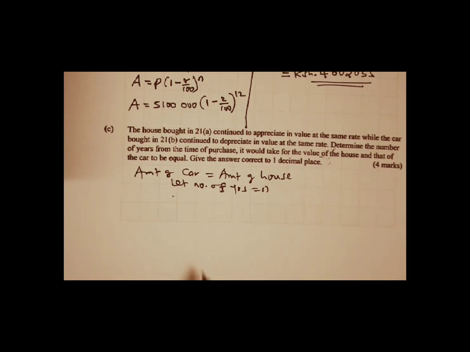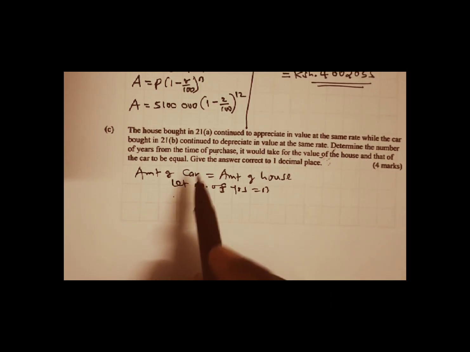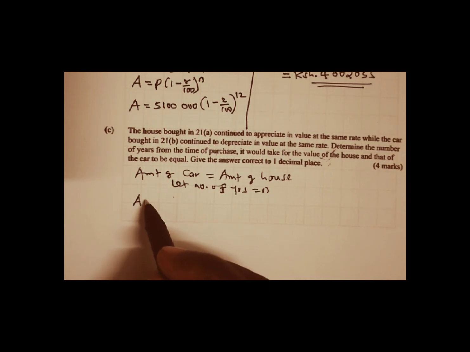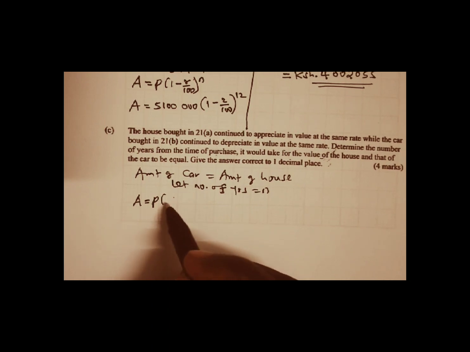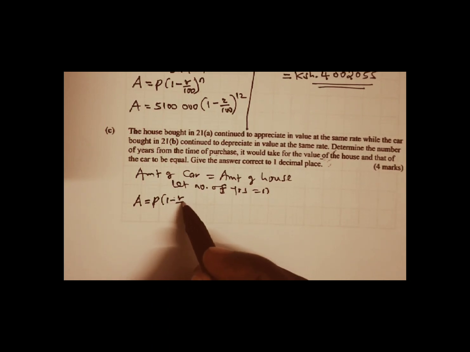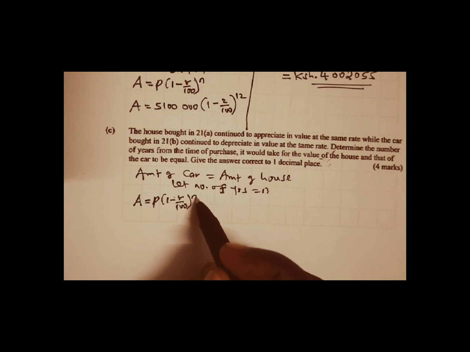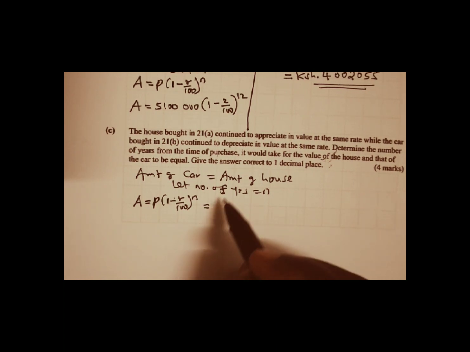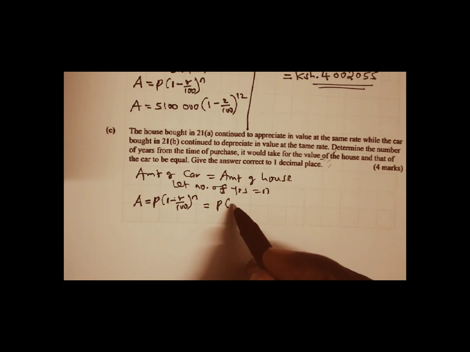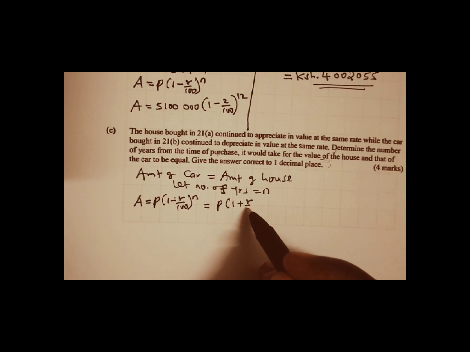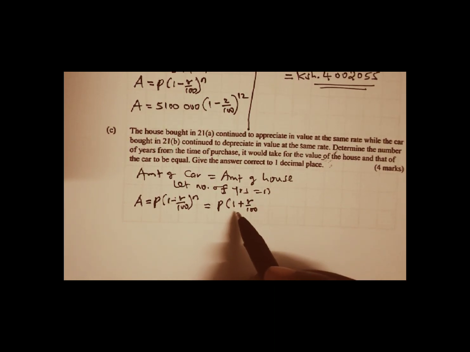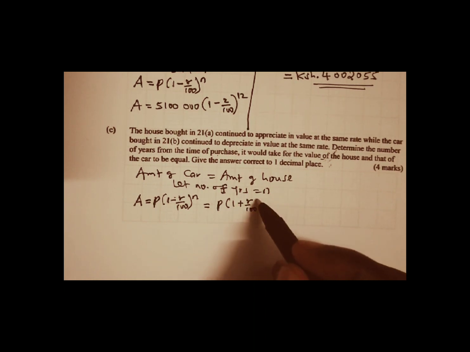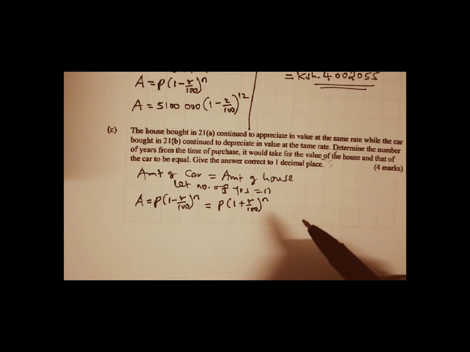We know that the car is depreciating, and the amount for depreciation will be A equal to P into 1 minus R over 100, raised to n, and this is what we are looking for. This must be equal to, again, P into 1 plus R, since this is an appreciation and this is the house, we raise it to n.